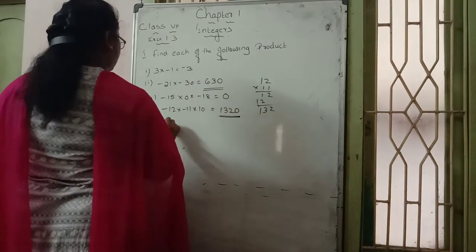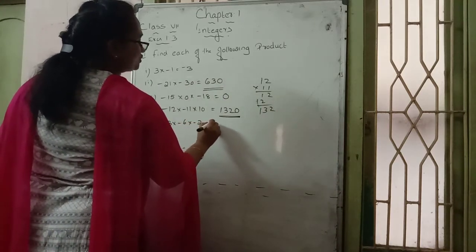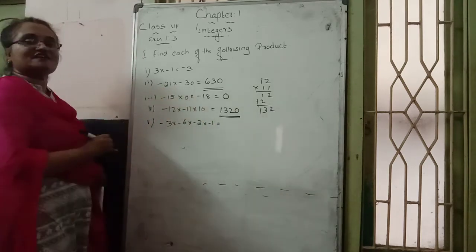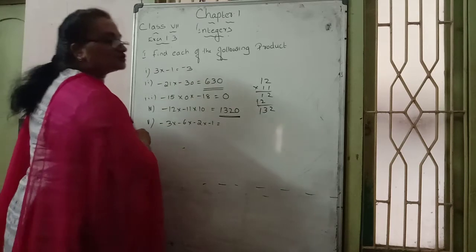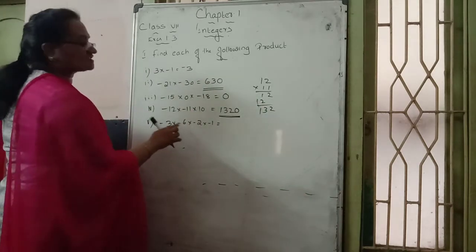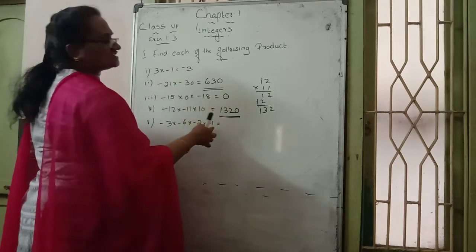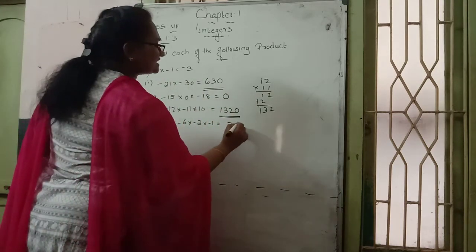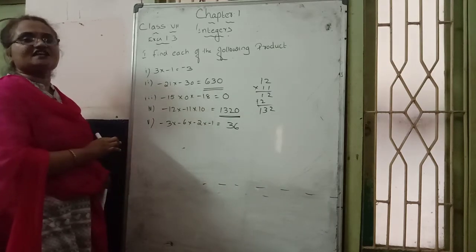One more question. Minus 3 into minus 6 into minus 2 into minus 1. We want to multiply and find the answer. How to find it? First, multiply the numbers throughout. 3 6s are 18. 18 2s are how much? 36. 36 into 1 becomes 36 only. Here, how many times is the minus symbol repeated? 4 times.